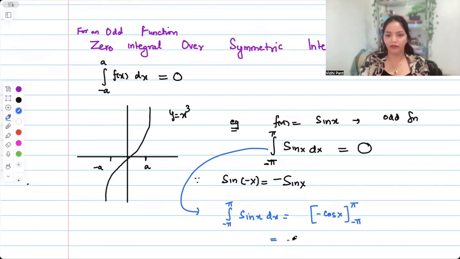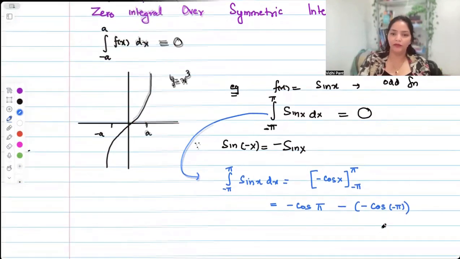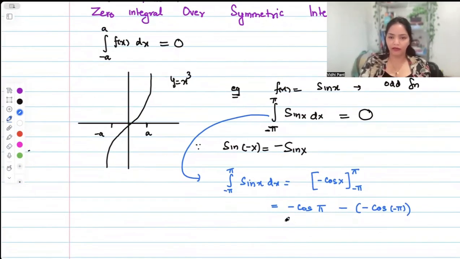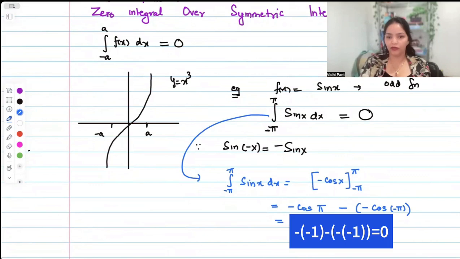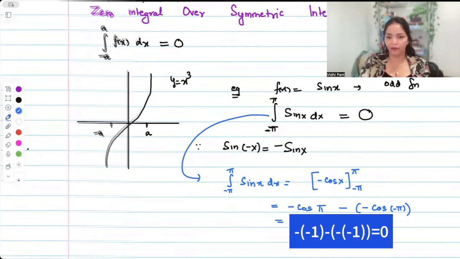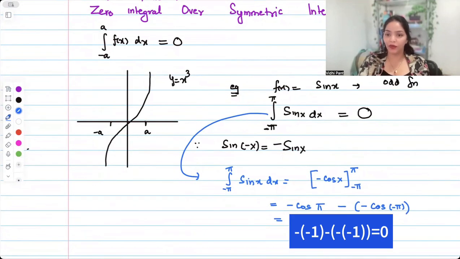So this will be minus of cos pi minus of cos minus pi. Here we need the value of cos pi, which is minus 1. So minus of minus 1, and even cos minus pi is minus 1. So minus of minus 1 minus minus of minus 1, which will give you basically 1 minus 1, that is 0.